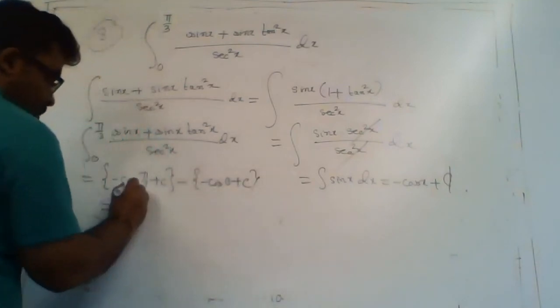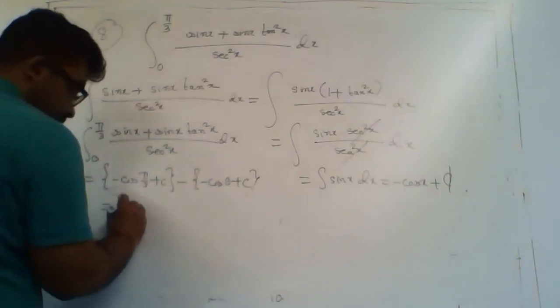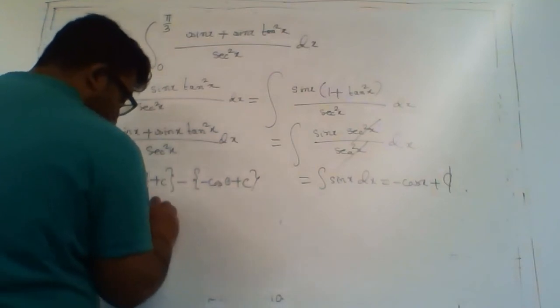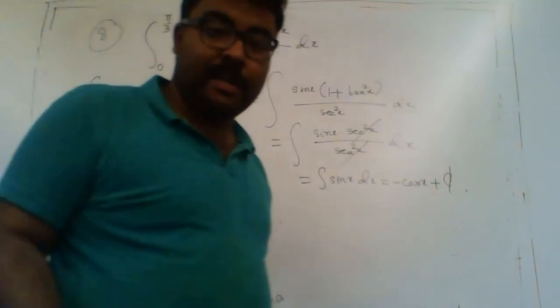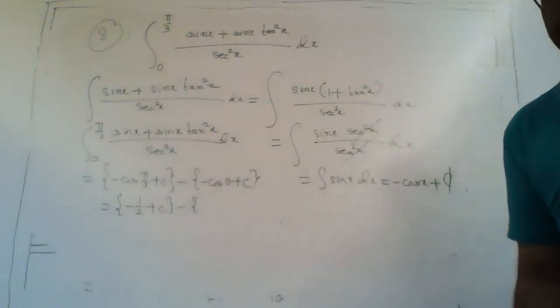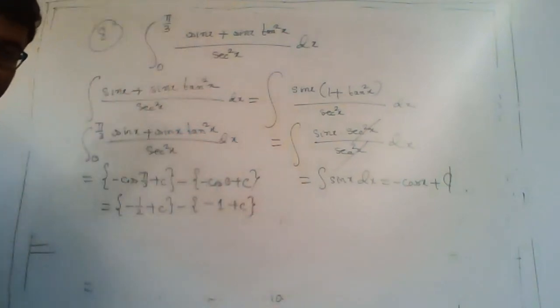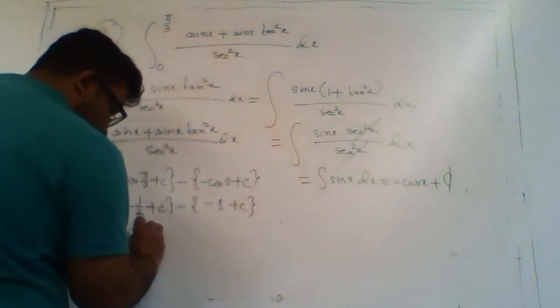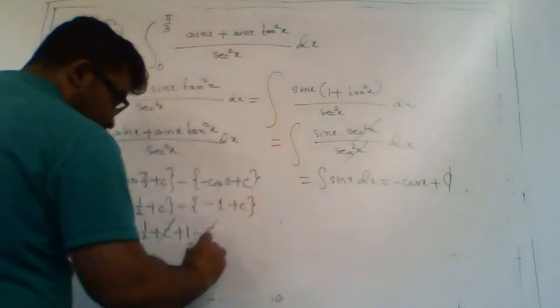So you get minus cos 60 degree, which is half, plus c, minus minus cos of 0. If you don't know these values, you can definitely use calculators. Cosine of 0 is 1. Then you simplify this, you get minus half plus c plus 1 minus c. So ultimately you get half as your answer.